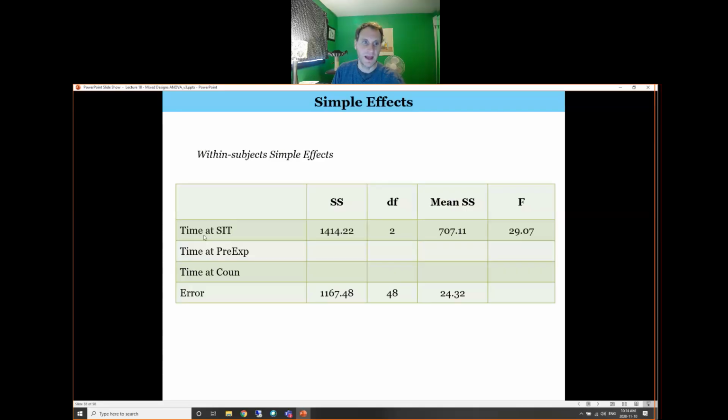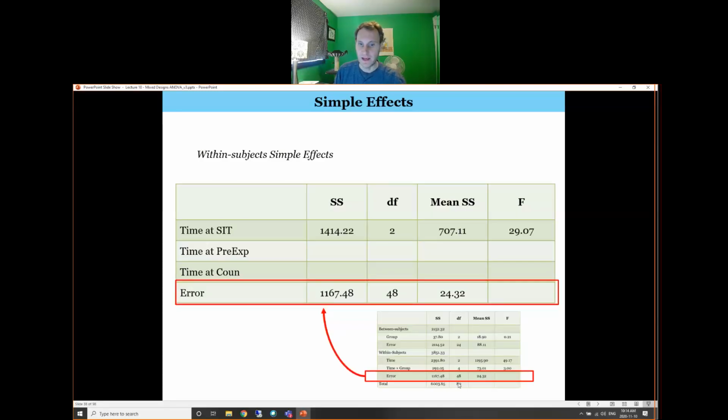And remember, I can go ahead and pop that into a simple effects table. So here I have time at SIT, time at pre, and time at counseling. I'm looking at the simple effect of time. Does time have an effect at each condition? For my error term, I've simply just pulled this right from my omnibus table. I didn't have to do anything. I already did the work here.